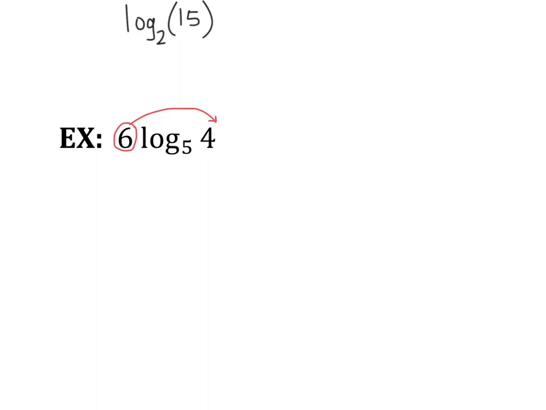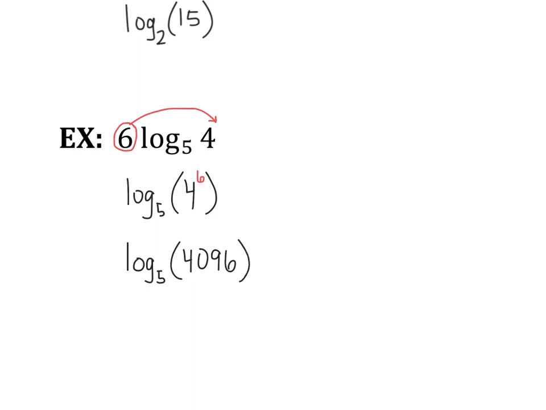So this really becomes log base 5 of 4 to the 6th power. And now we just have to determine, well, what is 4 to the 6th power? And if you don't know that off the top of your head, you should get 4,096. So we get log base 5 of 4,096 as our final answer.